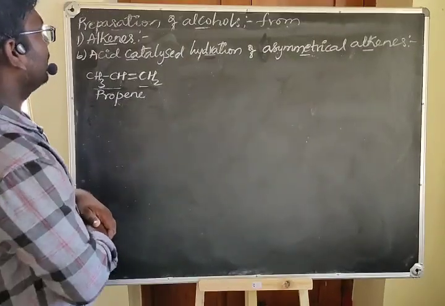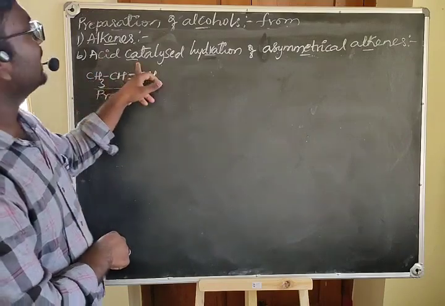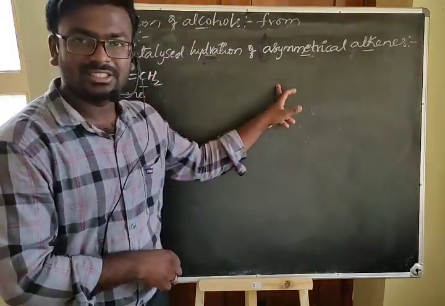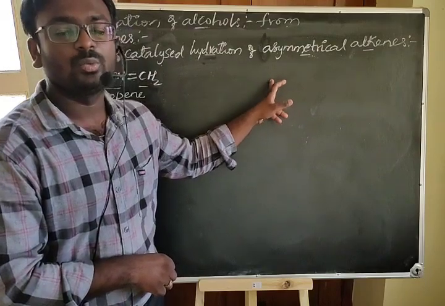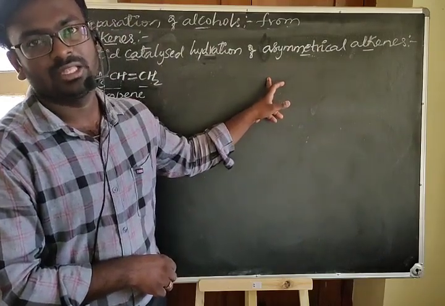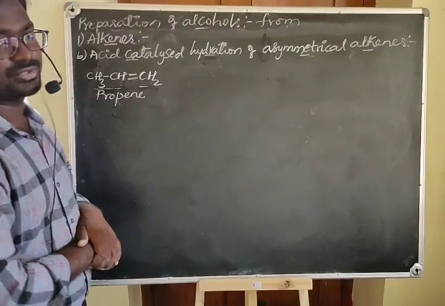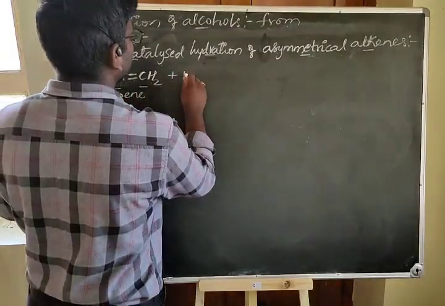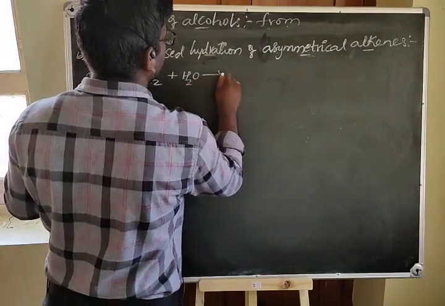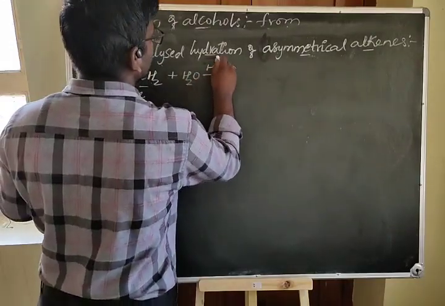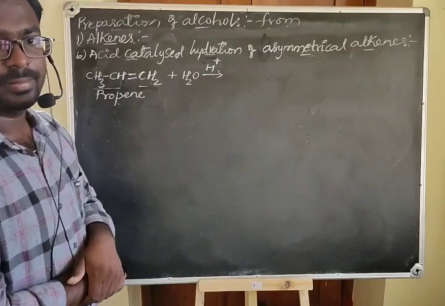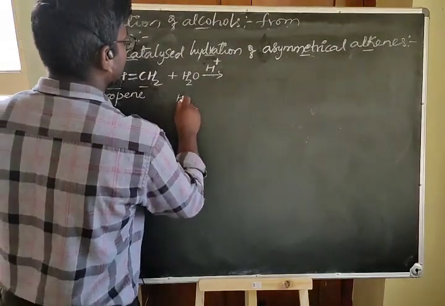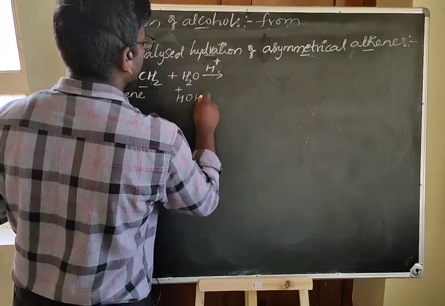Okay, now the acid catalyzed hydration of propene gives you a stable product after obeying Markovnikov's rule. Let us understand how the process takes place. Yes, when propene is treated with water in the presence of the H plus ion. Let us consider H2O as H plus ion and OH minus ion.